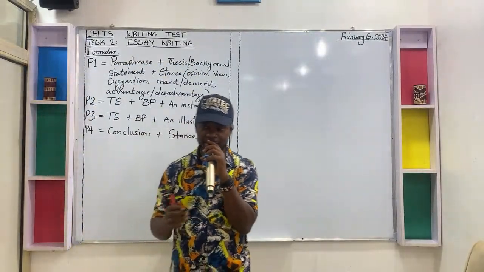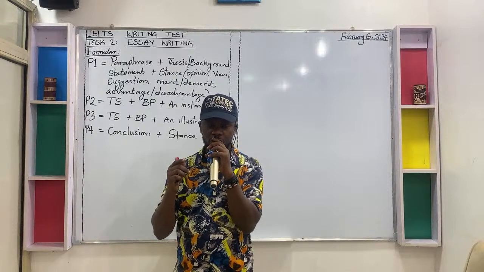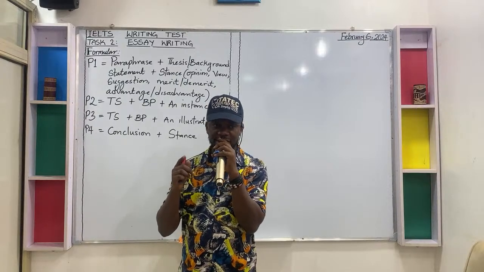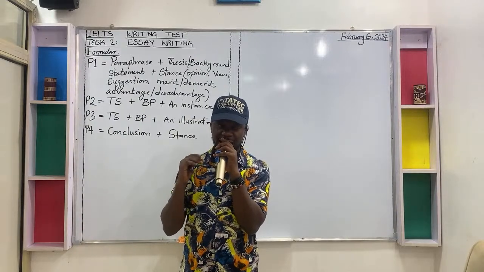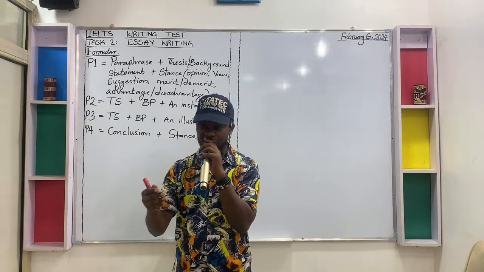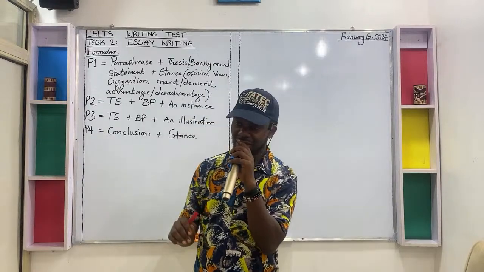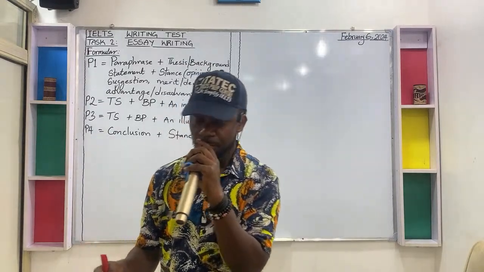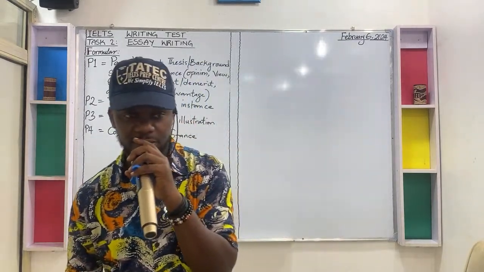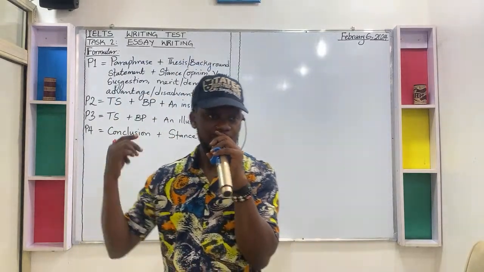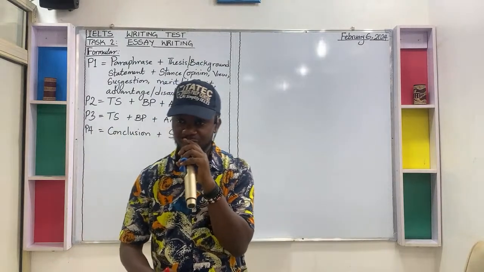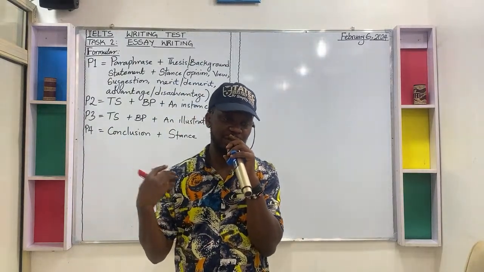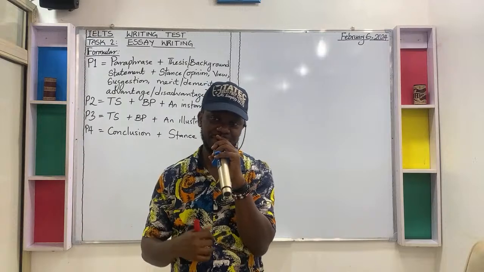Now, remember, one major thing IELTS is encouraging us strongly to avoid is repetition. So, instance simply means example. So we can have instance in P2 and another instance in P3.